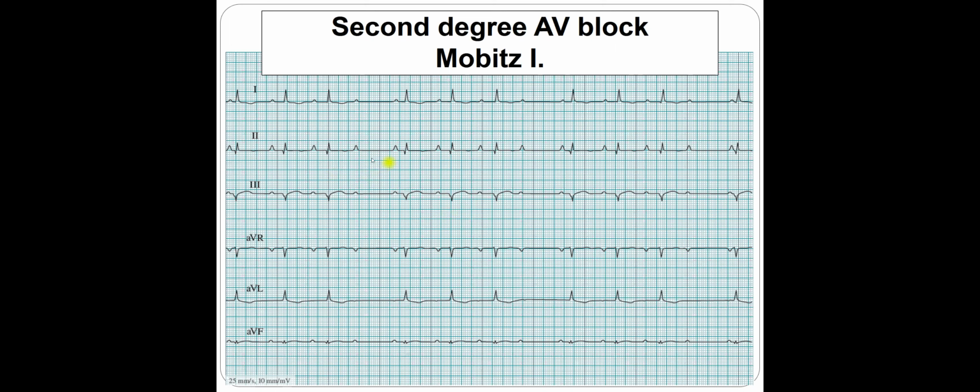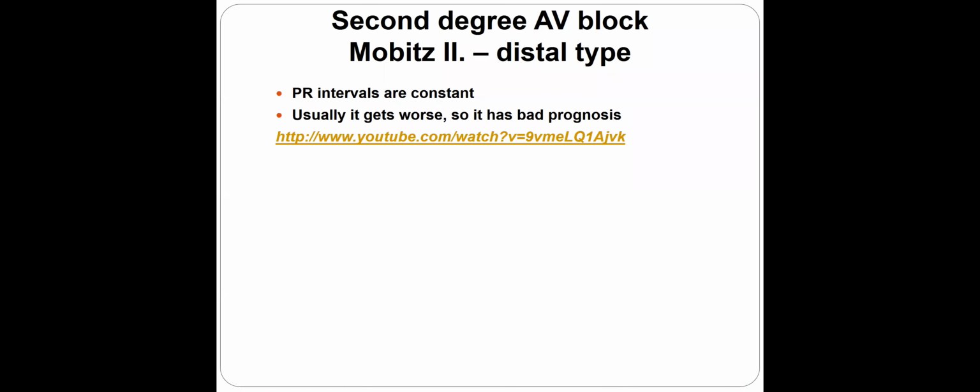Okay, now let's see. This is the ECG tracing, and what you do see here is that the P intervals are equal, but we do see an unconducted P, and the last PR is longer than the first PR. So that's the Mobitz type 1 AV block. Now, similarly, Mobitz type 2 is when the PR is constant.